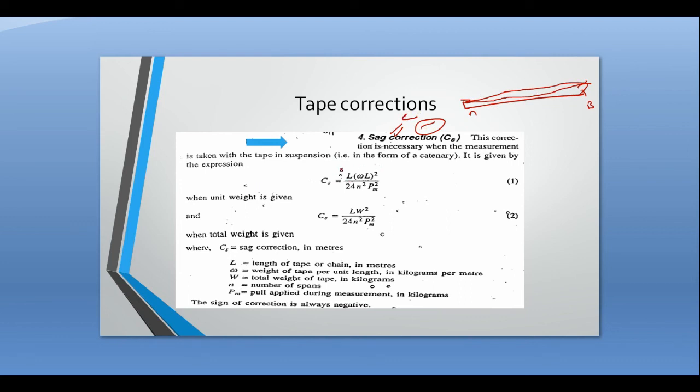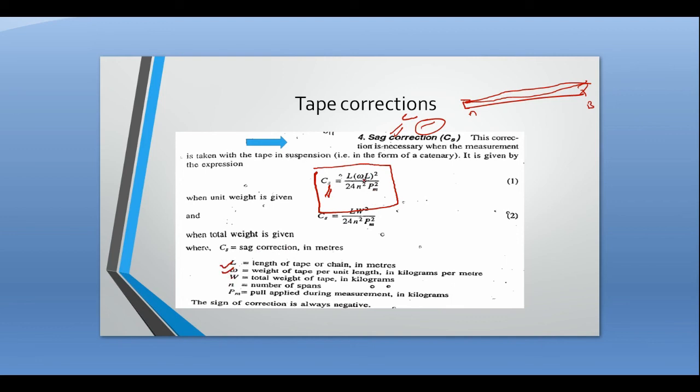So how to do the corrections for a sag? It is given by this formula: sag correction is represented by CS here, that is L into W into L square divided by 24 N square Pm square. And what are the basic conditions here? L is the length of the tape, W is the weight of the tape per unit length.